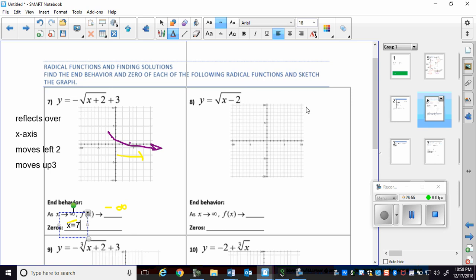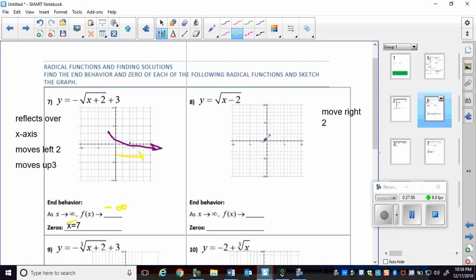The next one, this function, the only transformation I'm doing is moving right 2. Okay, so my new point is going to be at 2, 0. So I already know what my 0 is. It's at 2, 0. And I start at 1, 1. I move right. So that moves me over to 3, 1.